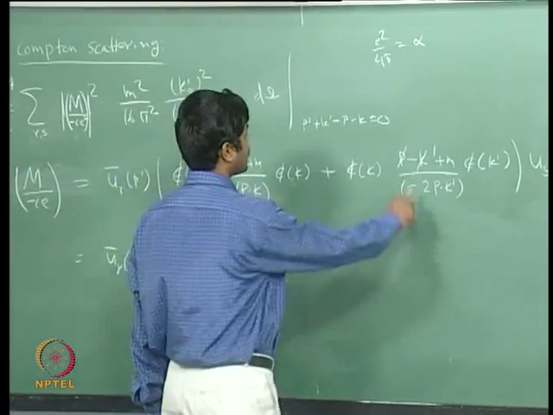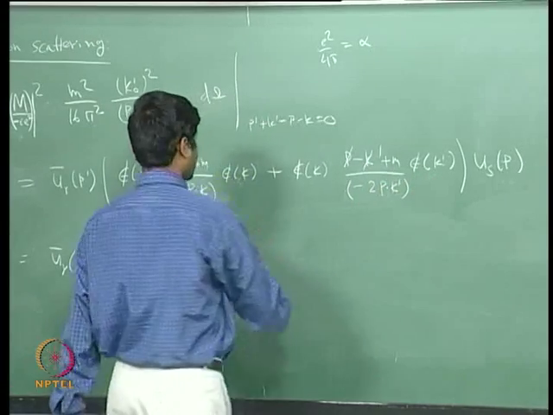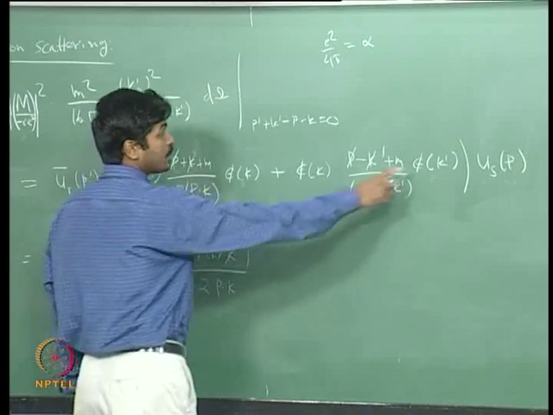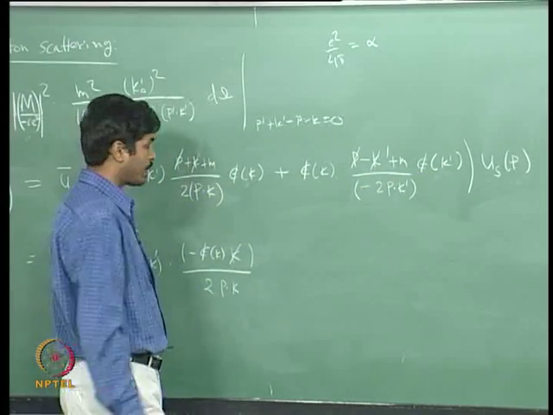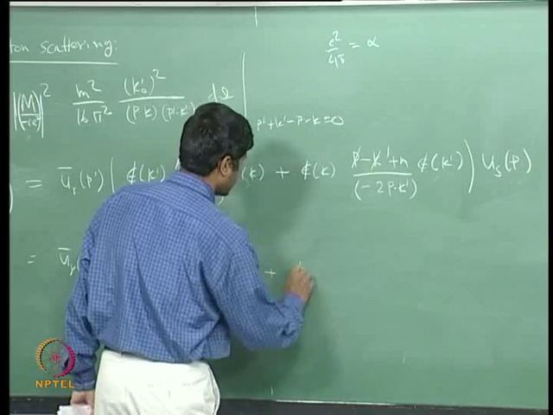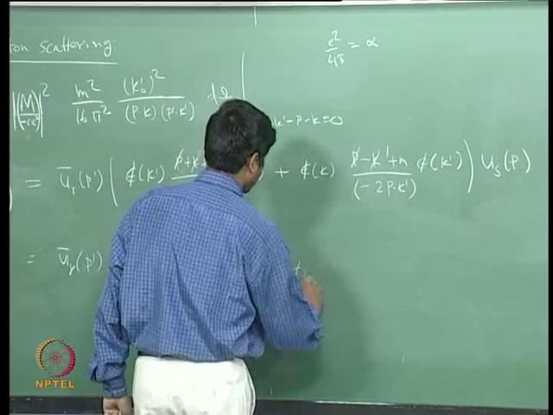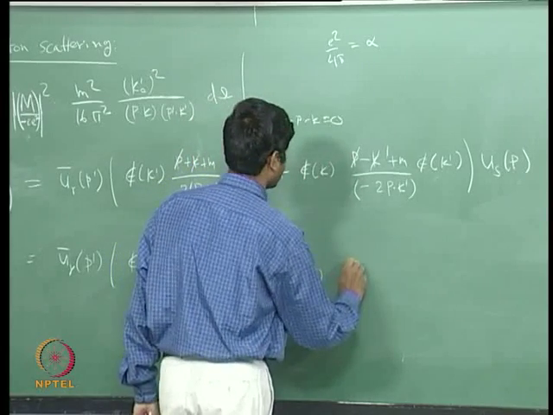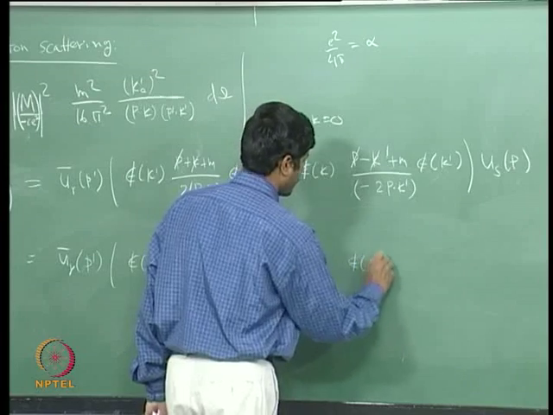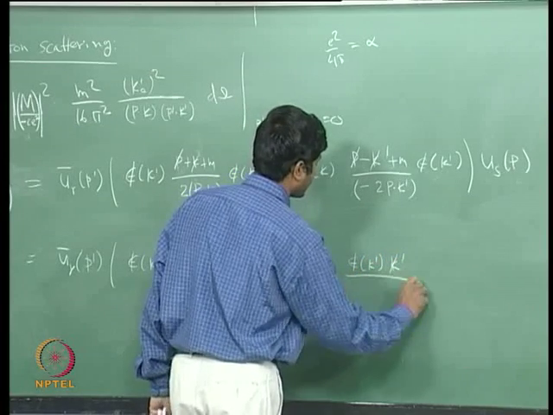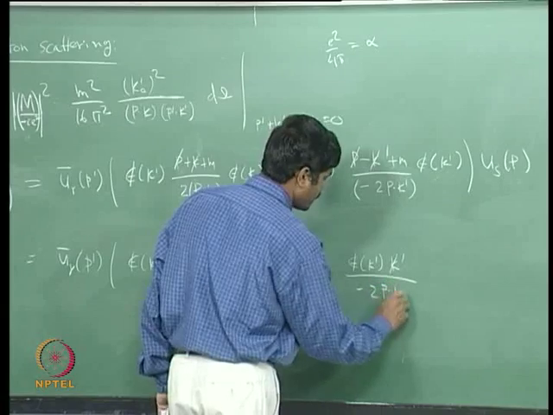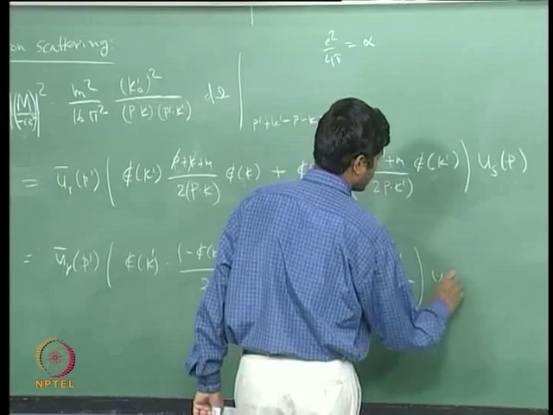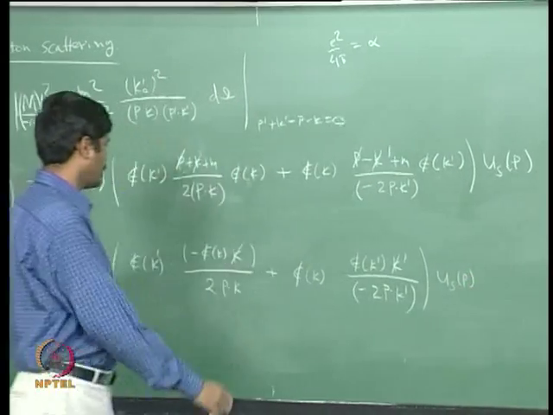Here what I claim is, if you do a similar analysis, because of the minus here, it will give me a plus epsilon-slash k prime-slash. So, this is epsilon-slash k, then epsilon-slash k prime-slash divided by minus twice p dot k prime, this acting on u_s(p). Okay.